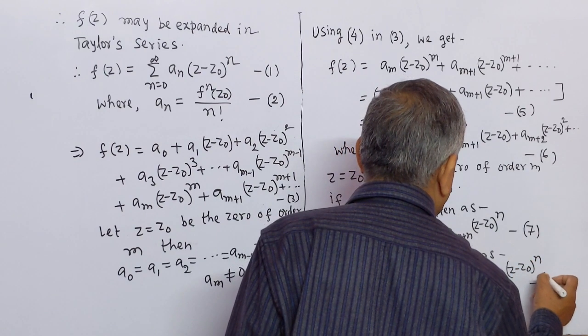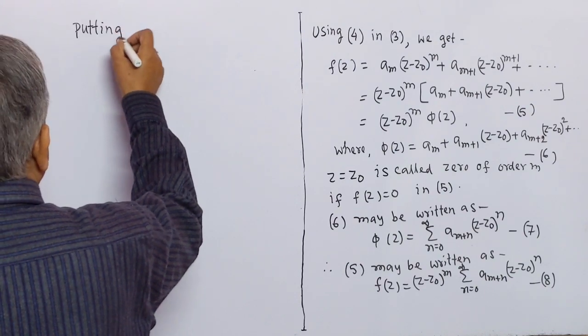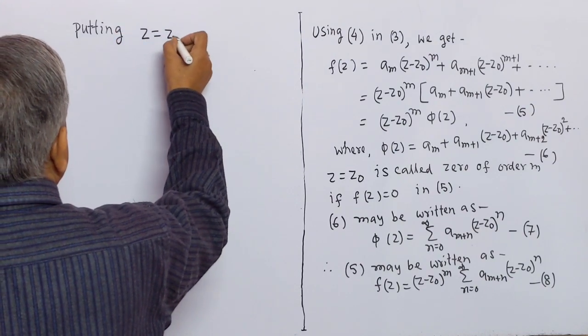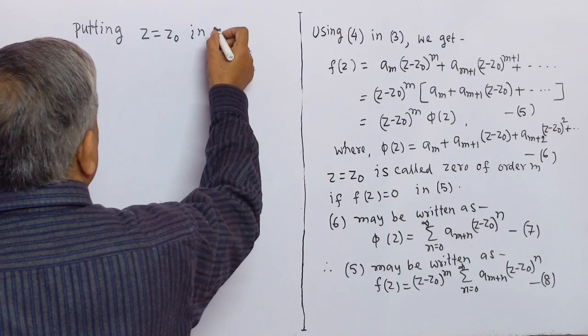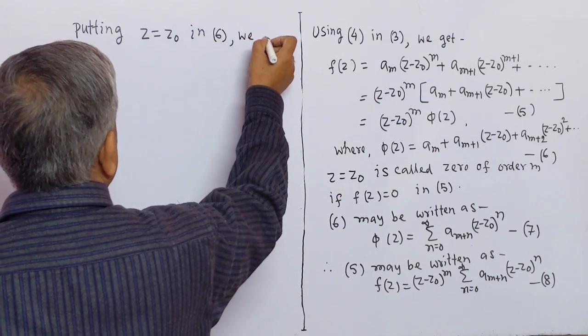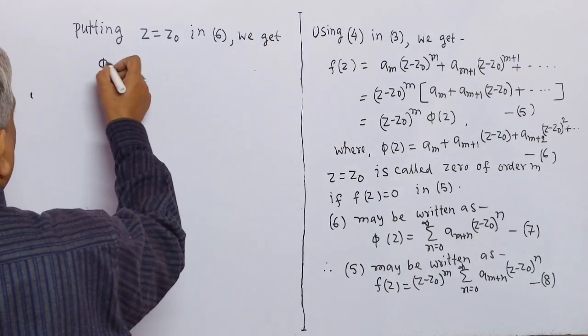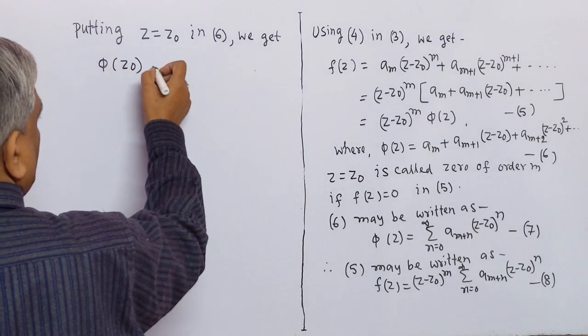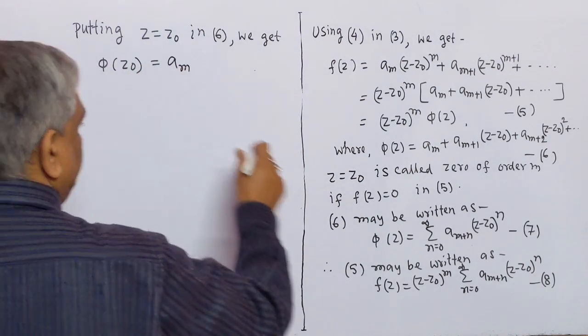This is number 8. Putting z equal to z0 in 6, we get f(z0) equal to a_m.